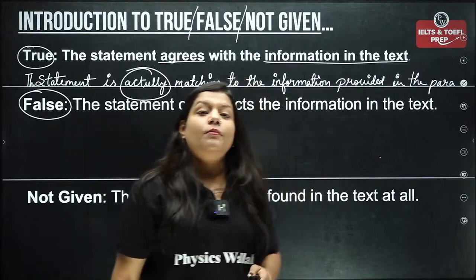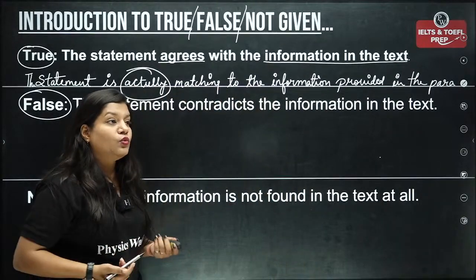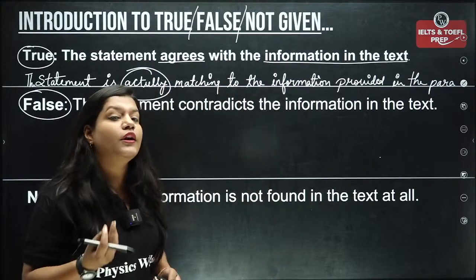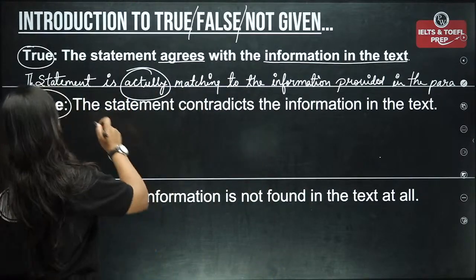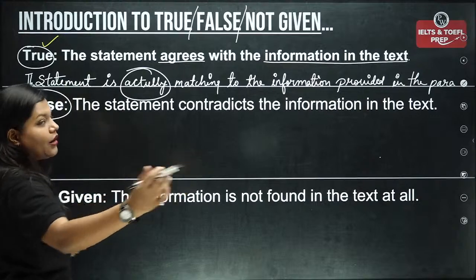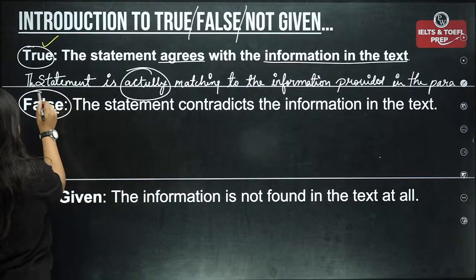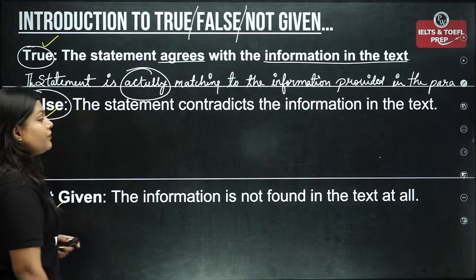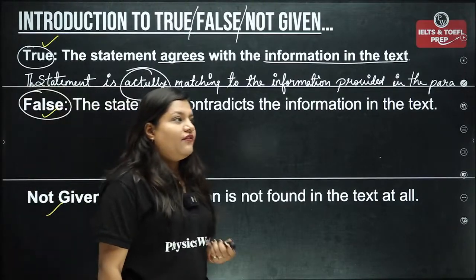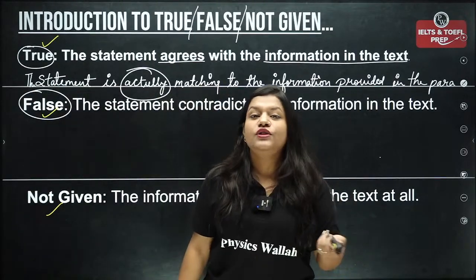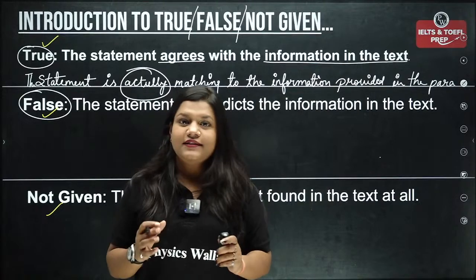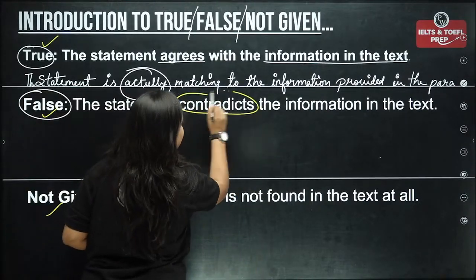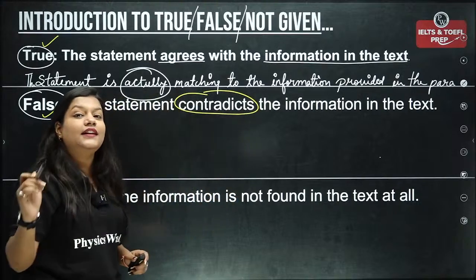Make sure that whenever you are dealing with a statement that might be false, you know how to mark it as false. True is very easy to understand, but candidates get confused between false and not given. So, ma'am, when are we going to write false and when are we going to write not given? False is, if you can just have a quick look, the statement contradicts the information in the text.